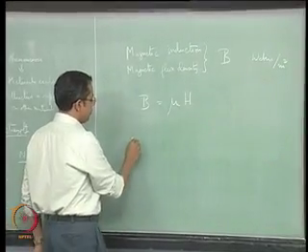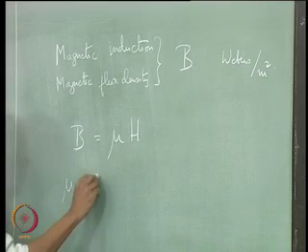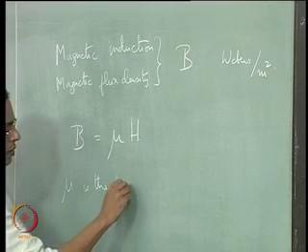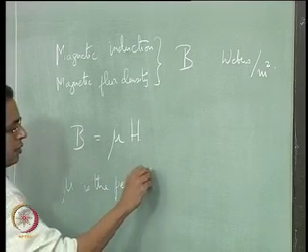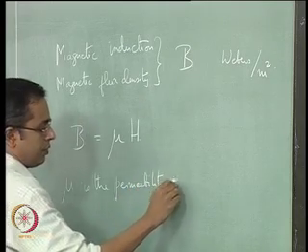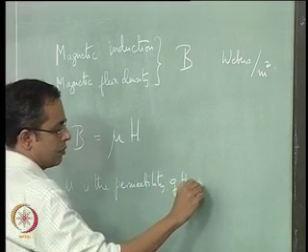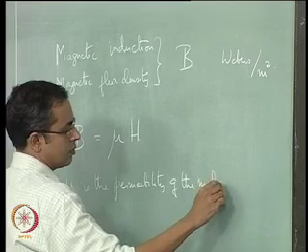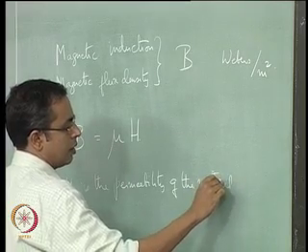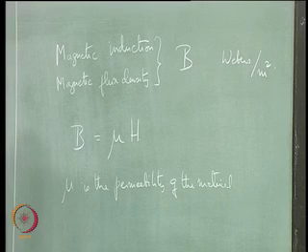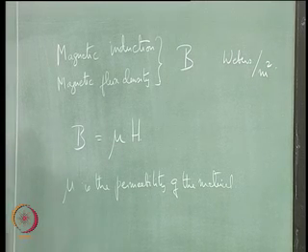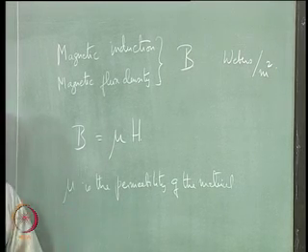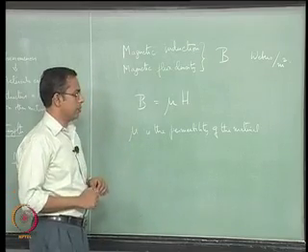Where mu is called the permeability of the material. And it is a constant for a material under certain circumstances. So you place it under the same circumstances, it will be a constant. So this is the permeability of the material.